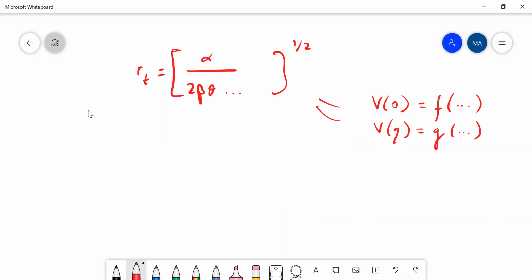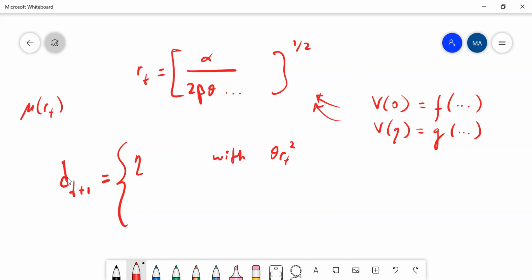So once you replace these things, you find your control. And then, of course, don't forget, this is stochastic, right? So it is equal to eta with probability theta RT2, but you know exactly what this is equal to as well, right? Because once you have RT, then you also have mu RT as a function of parameters only. Okay?